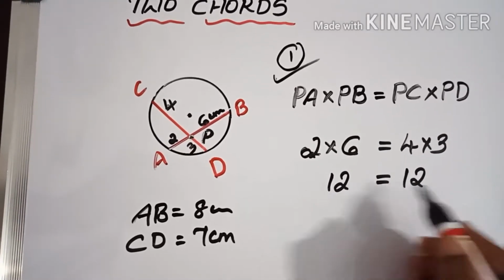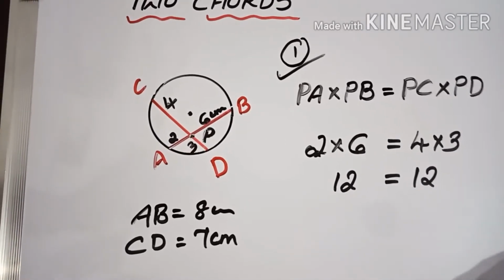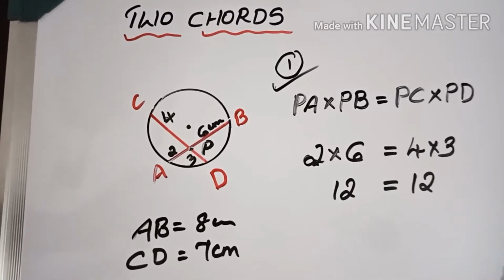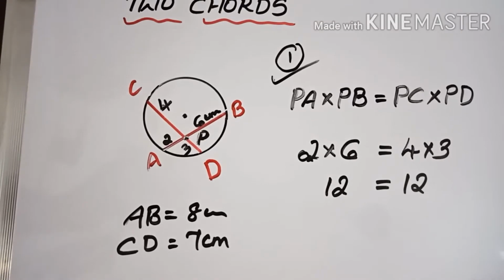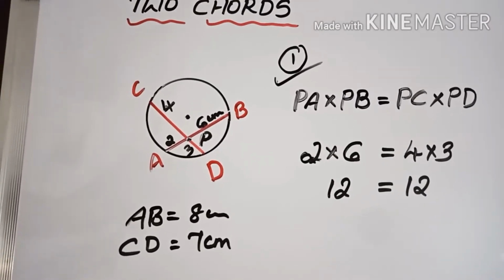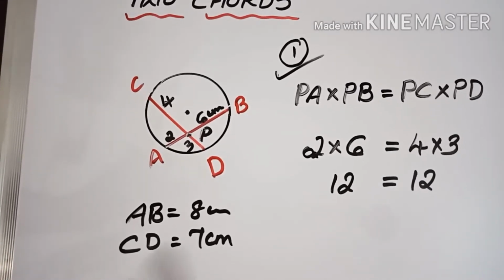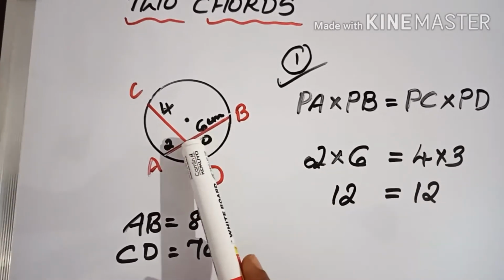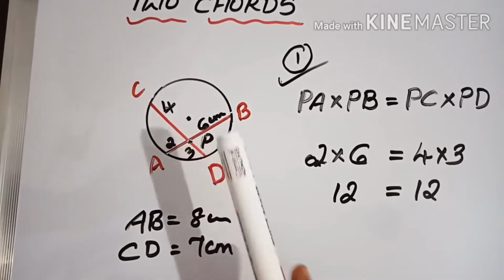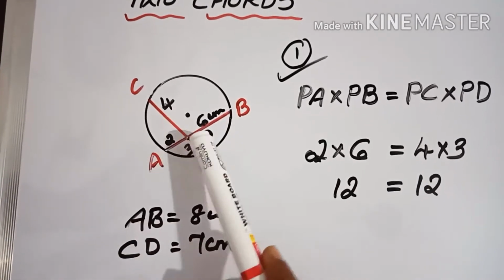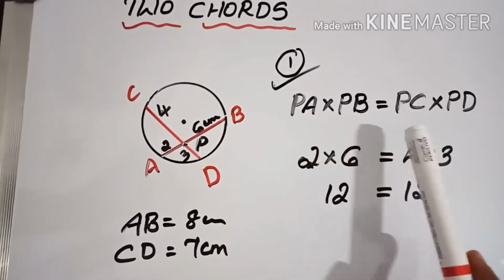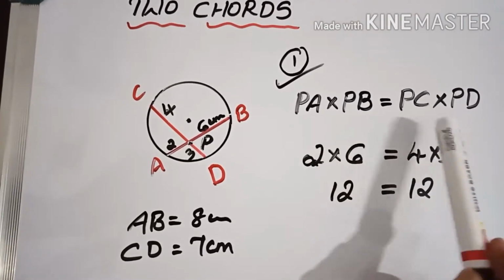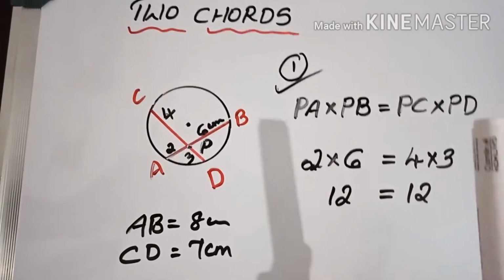So the products of the parts are equal. This is the first concept. If two chords other than diameters intersect inside the circle, then the product of the parts from the intersecting point will be equal: PA into PB equals PC into PD. You need to learn this by heart.